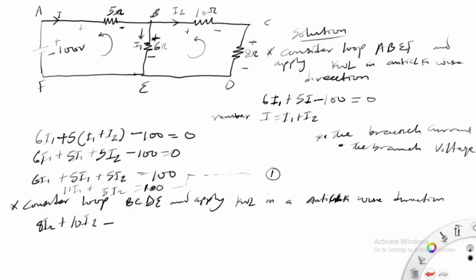Minus 6 is a drop from positive to negative, 6I1, because I1 current is acting on it, is equal to 0.